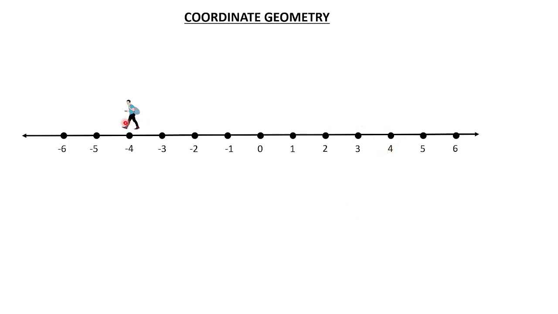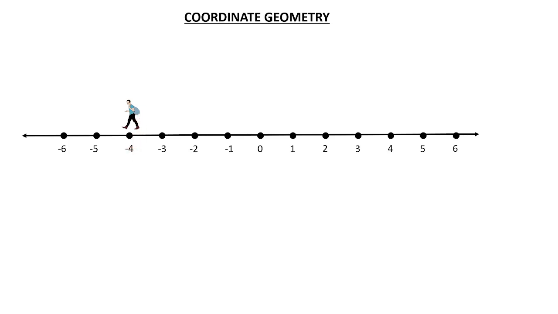Then he has moved to another place. Where is he standing? He is standing at -4. Understood? So if he is walking along this road towards right or towards left, we can clearly specify the position of the person.